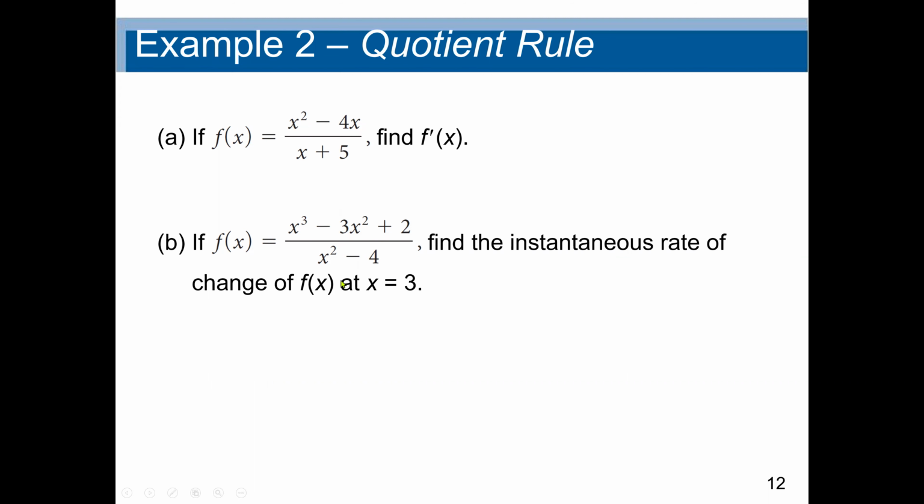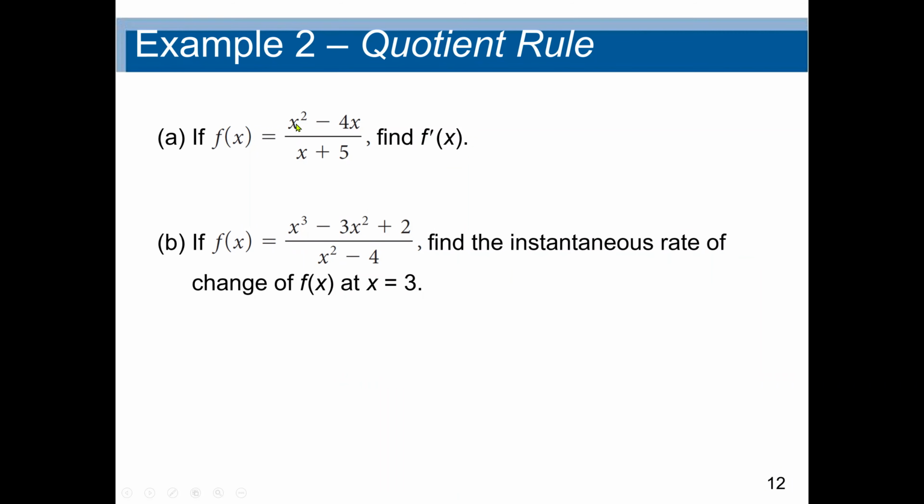Let's look at the second one. The second one also looks like we cannot cancel. We can find the difference of the two, but we cannot cancel from here. So the best way to solve these two is to use the quotient rule. So this is how it works.